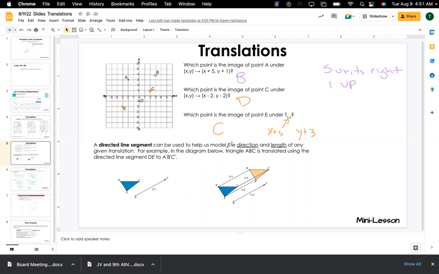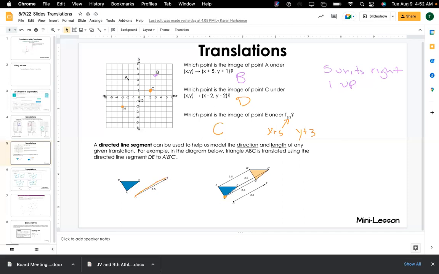All right, here's an important term. A directed line segment can be used to help us model the direction and length of any given translation. For example, in the diagram below, triangle ABC is translated using the directed line segment DE to A prime, B prime, C prime. So this line right here is the direction and how far those points are moving.